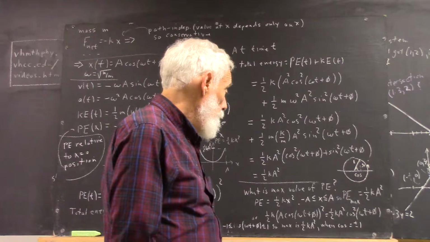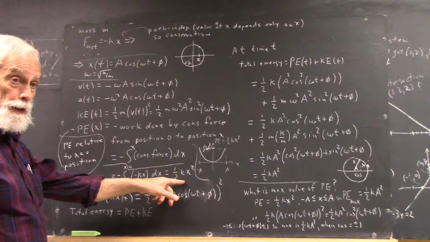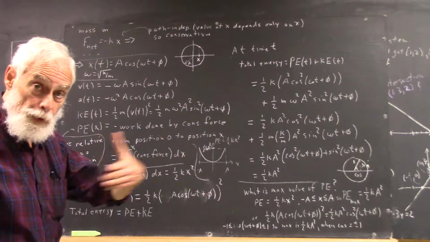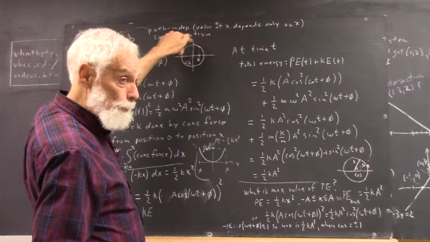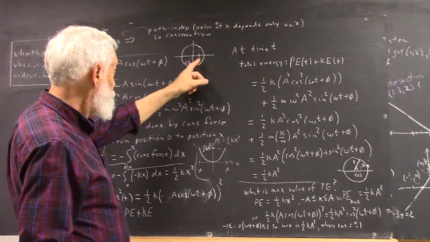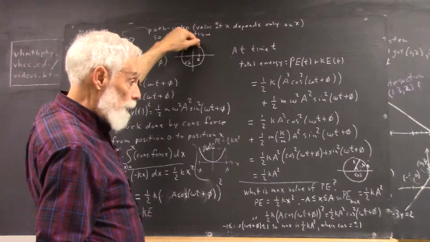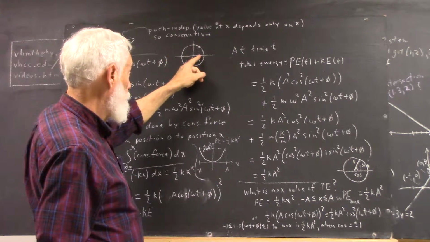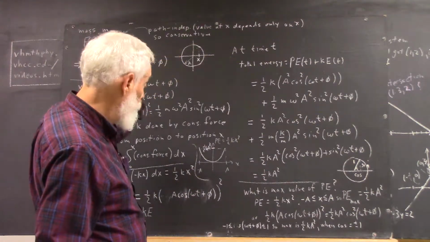Well, I'm going to go back to the potential energy as a function of x, 1/2 kx squared, because if this thing is oscillating with amplitude A, you can visualize that as the point moving around the reference circle of radius A. The x projection of this point moves back and forth as the point moves around and around the circle.